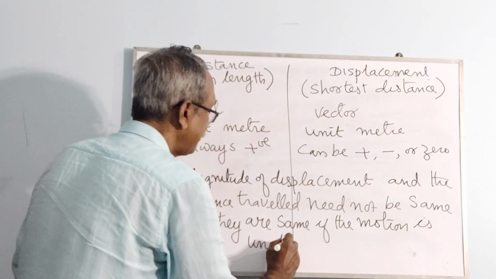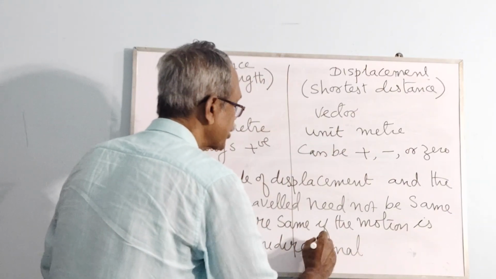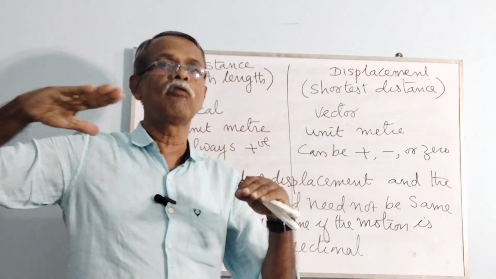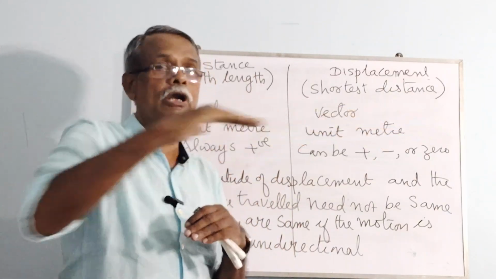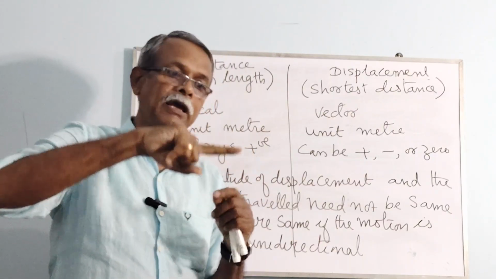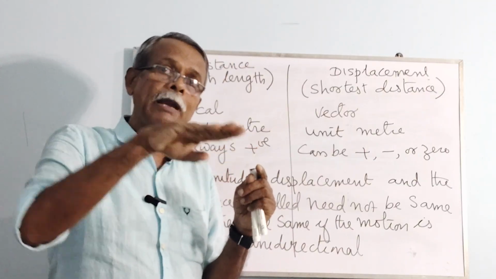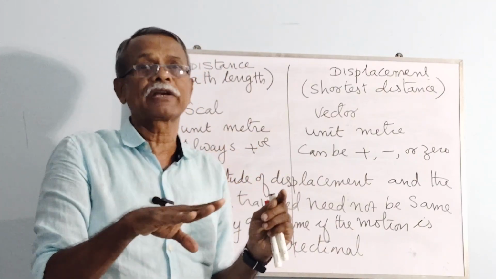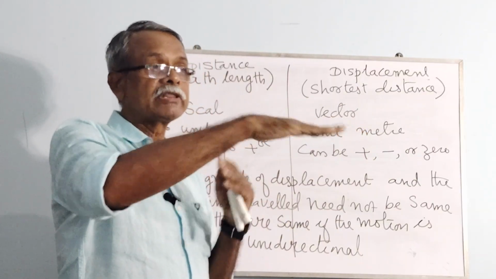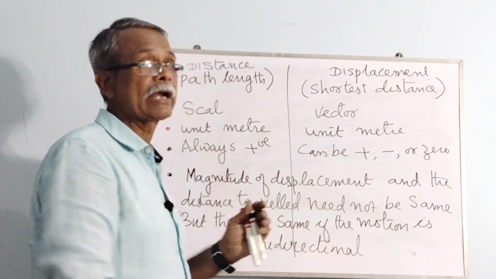If the particle does not change its direction, that is called a unidirectional motion. A particle is moving in one direction alone. It is not reversing, or it is moving along this line. If it is a curved motion, the direction is changing. If it is going in a particular direction and returning, it changes direction. Something which is moving along a straight line without changing direction is called a unidirectional motion.